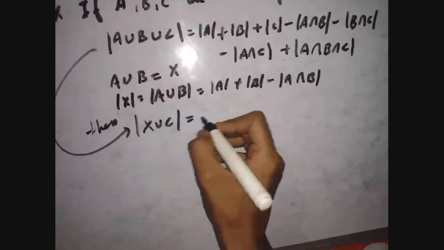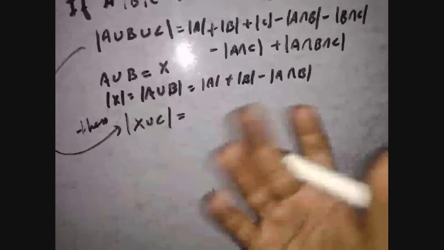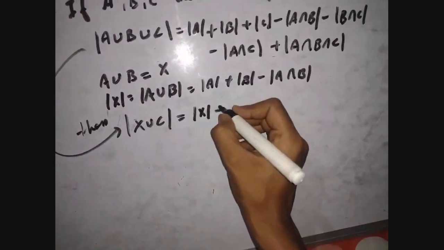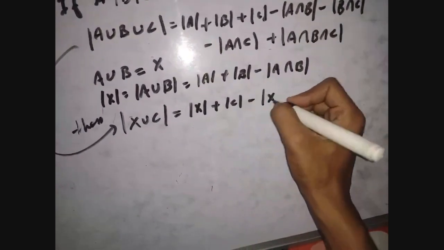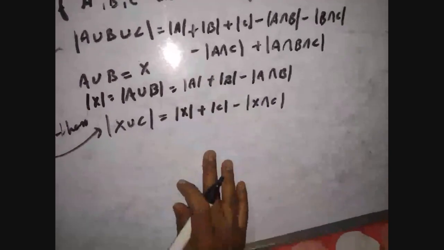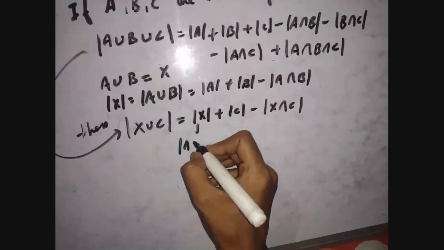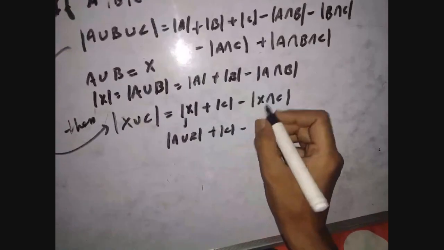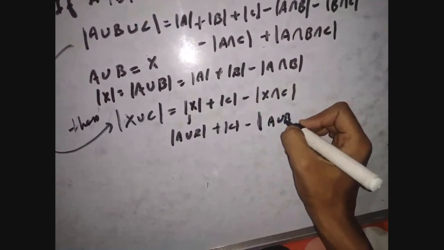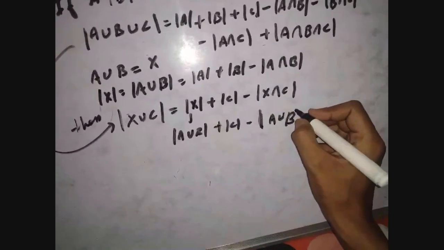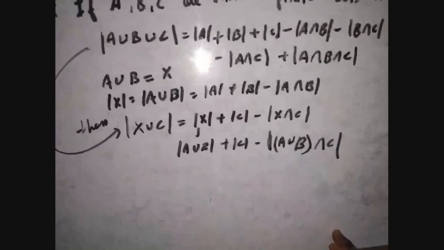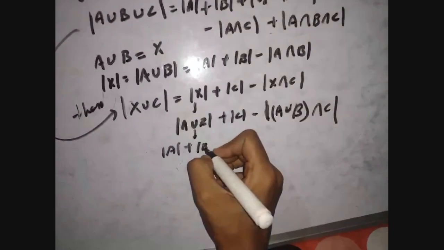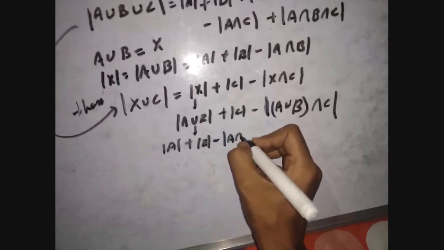Using our last theorem, we can open this as cardinality of X union C is cardinality of X plus cardinality of C minus cardinality of X intersection C. Now cardinality of X is cardinality of A union B, plus cardinality of C minus, again writing X as A union B, cardinality of A union B intersection C. Again, cardinality of A union B is cardinality of A plus cardinality of B minus cardinality of A intersection B.